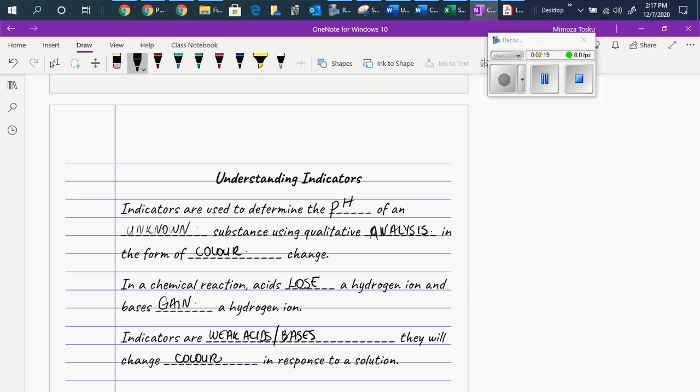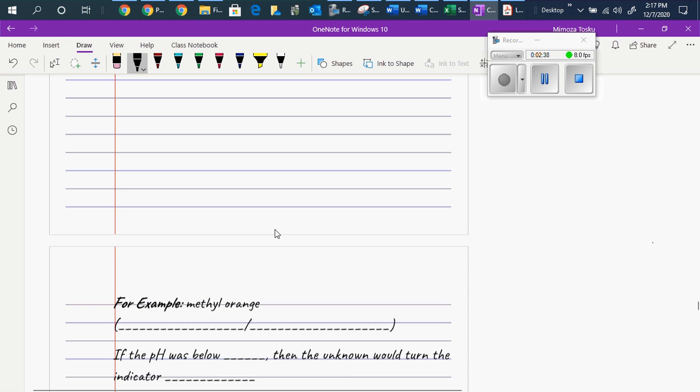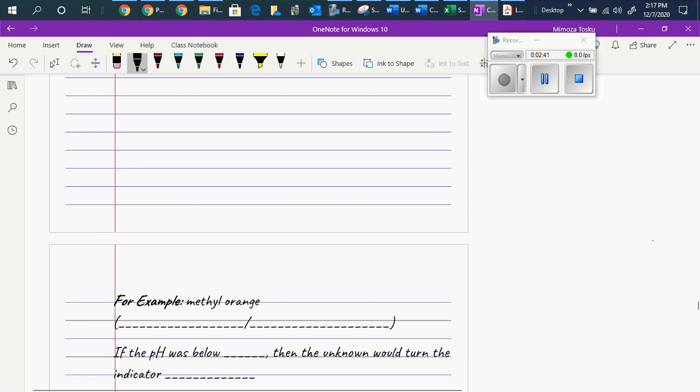Some indicators have only one hydrogen, and they are capable of only one color change. So let's say that we have methyl orange.